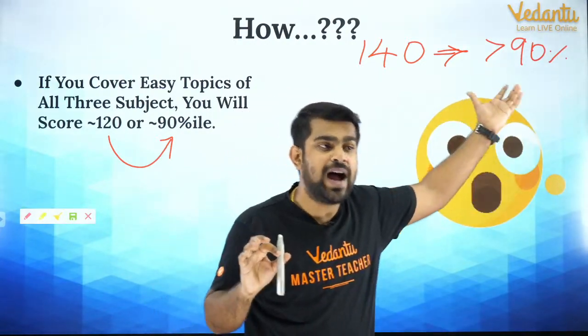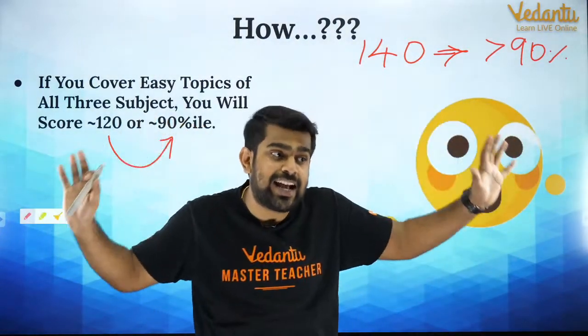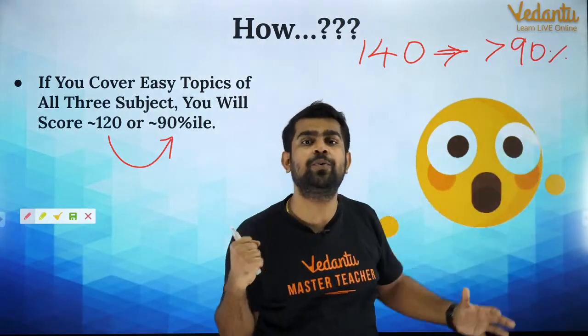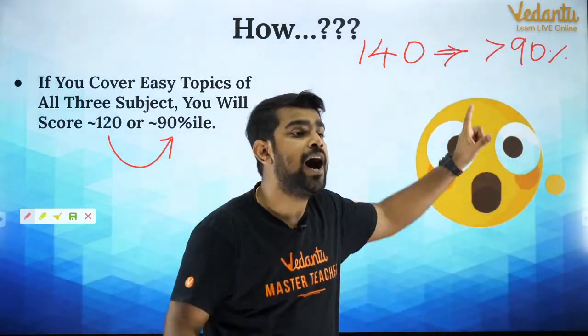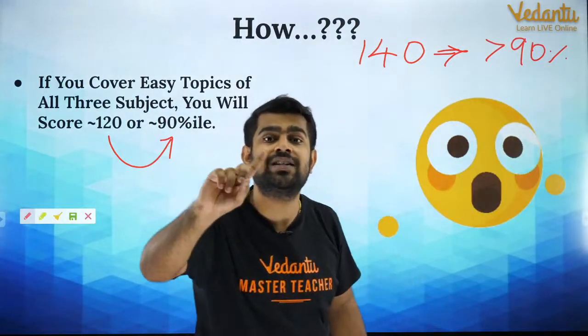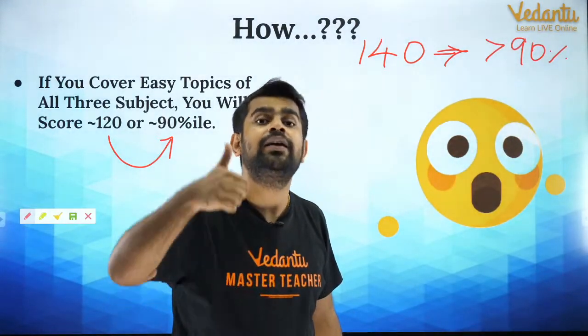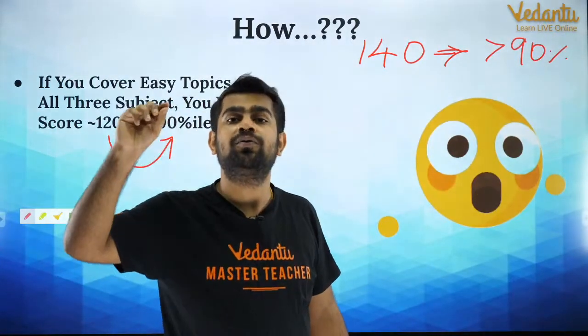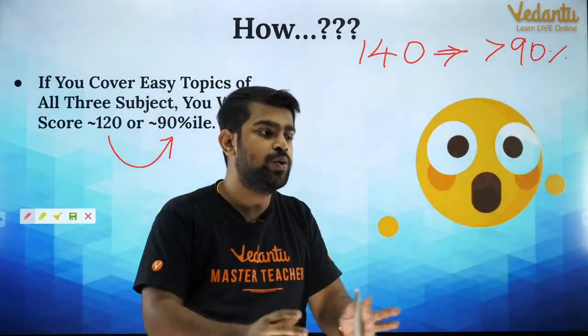I will not say it is bad, but I will not say it is great as well. But at least it will give you confidence. It will be a booster for you. So now 90 percentile is not that difficult, my dear boys and girls. If you work hard with the right set of teachers, with the right set of materials and resources, you can achieve it.